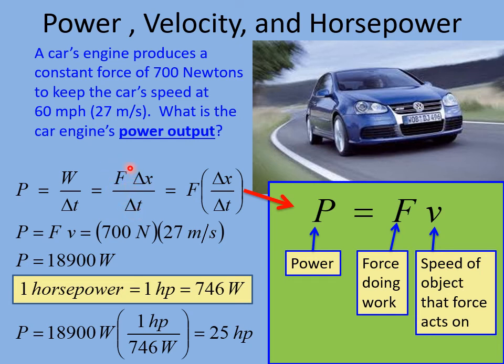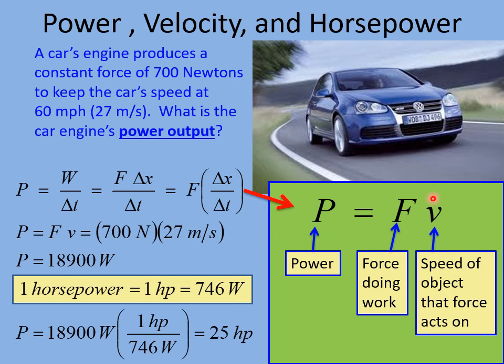We can take this force, the F, and bring it out in front, and we have delta x over delta t in parentheses. But we know that delta x over delta t, that's distance over time. That's the speed of the car. That's the velocity. So we have another expression here for power from this result here. Power is equal to the force doing the work times the speed of the object that the force works on.